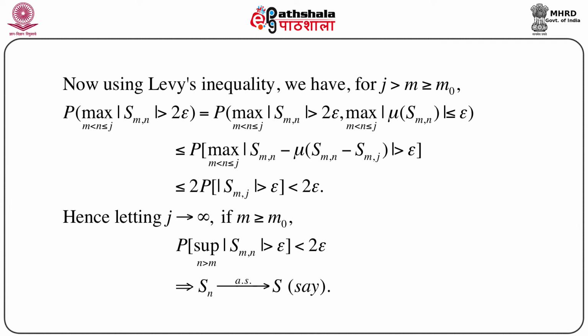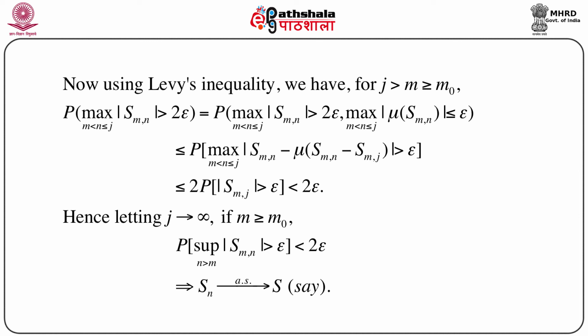Now again, by Levy's inequality, this is less than or equal to twice the probability that modulus of Smj is greater than epsilon, which is less than or equal to 2 epsilon, because the probability of modulus of Sm,j greater than epsilon is less than epsilon. So this becomes less than or equal to twice epsilon.